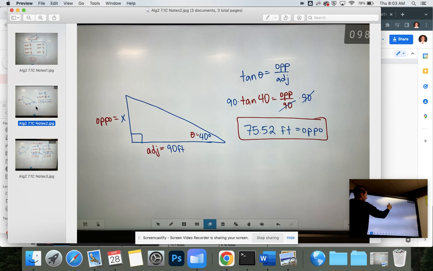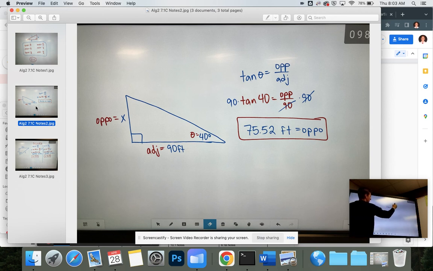So we have tangent of what angle? Which angle are we referencing? What degree? 40. Yeah, we're talking about this angle right here. That's the only angle they give us. I mean, really, they give us 90, so we can also figure out that this is 50, but don't worry about that 50. We're only worried about this 40 right here.